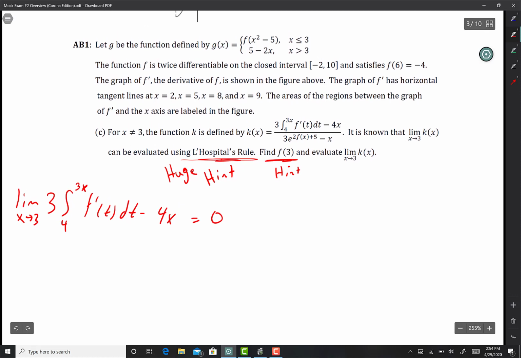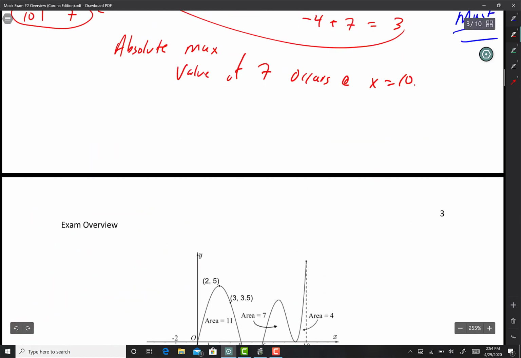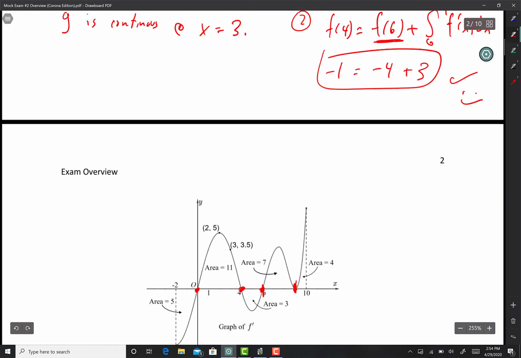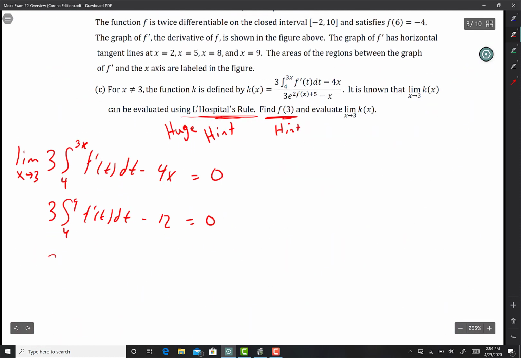The integral from 4 to 9 of f prime of t dt minus 4 times 3, which is 12, equals 0. That area is 4, so this gives me 3 times 4 minus 12 equals 0. Okay, that doesn't give me anything.